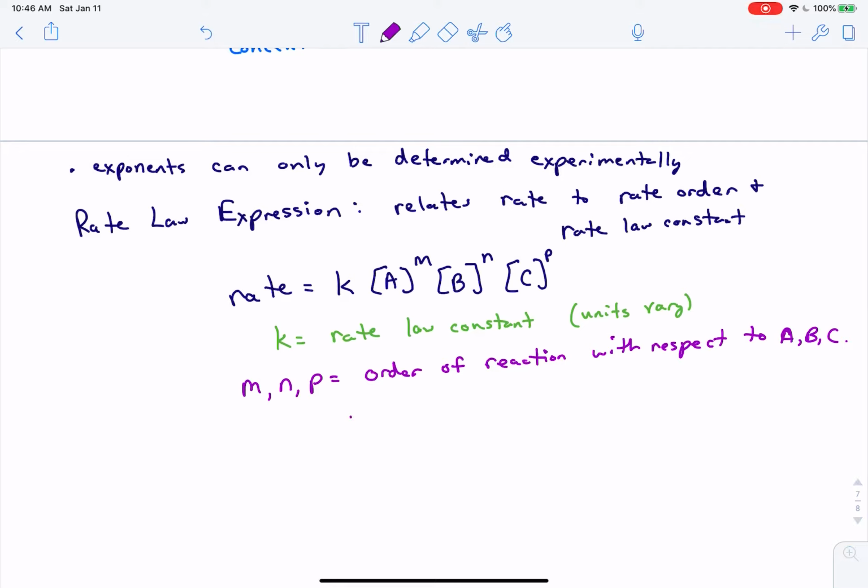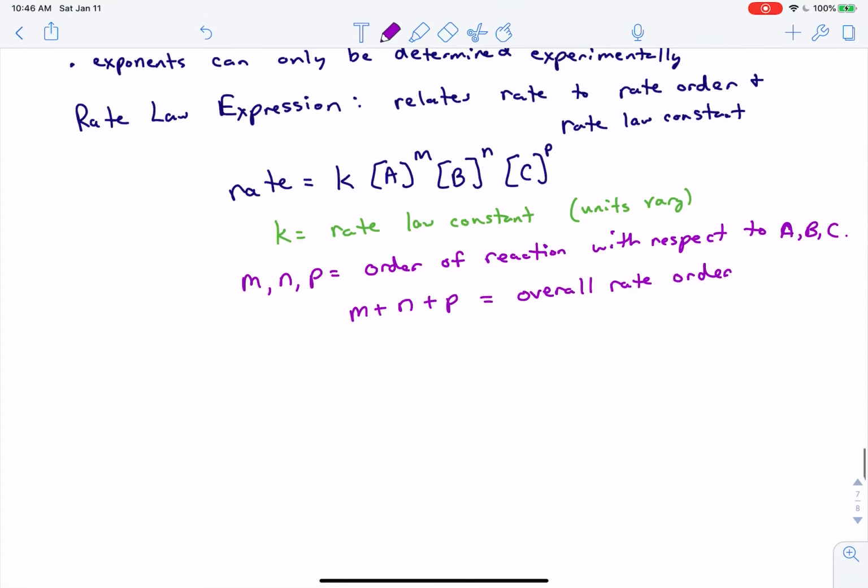If you add them up, M plus N plus P, that's your overall rate order. So adding all the exponents together gets you your overall rate order. And then A, B, and C are your concentrations of those substances in your reaction.